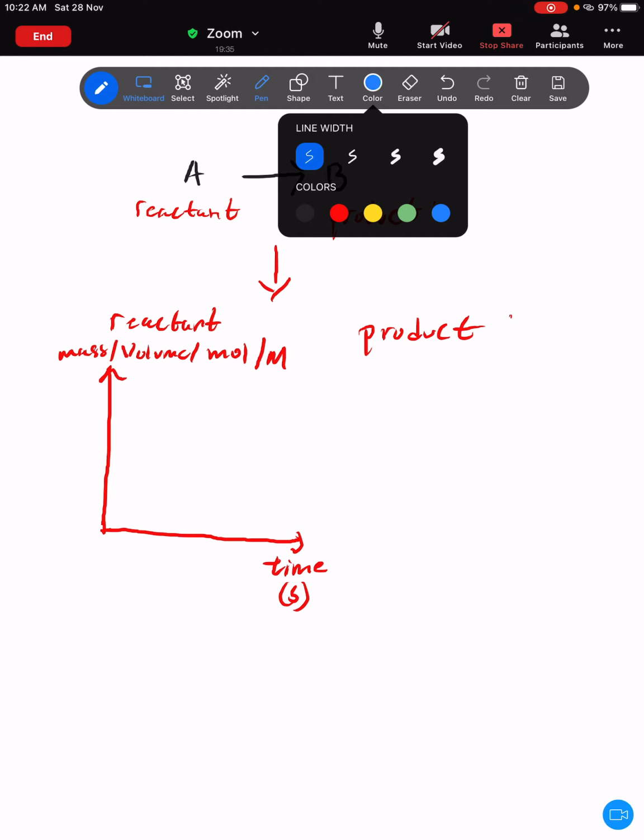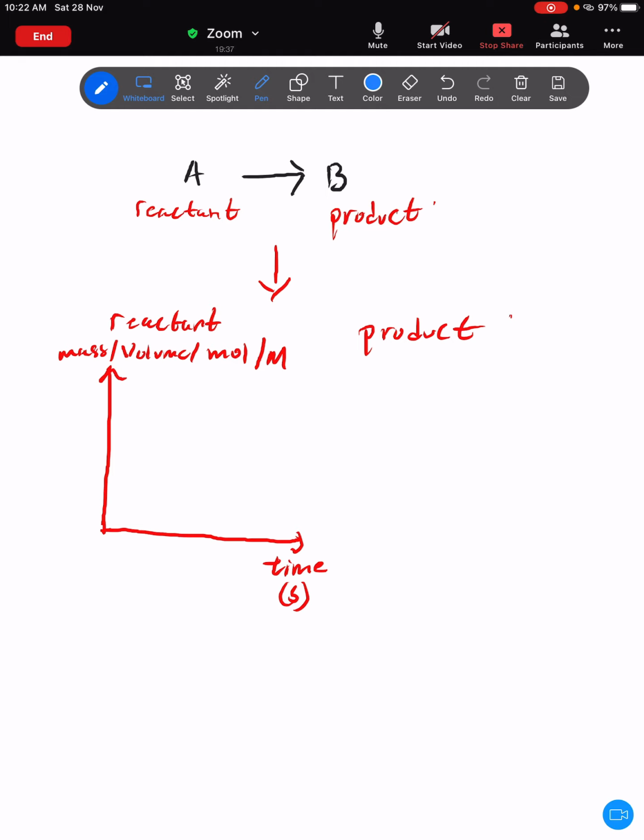Okay, so what happened? If I'm talking about reactant, when you do an experiment, the reactant will be used up. Remember, during the experiment, the quantity of the reactant will be used up.